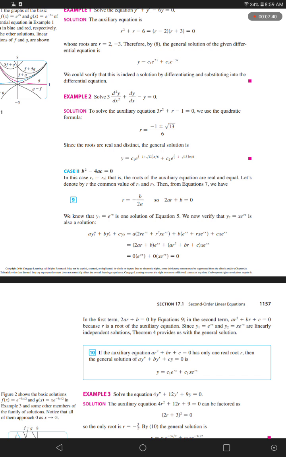If the auxiliary equation a times r squared plus b times r plus c equals 0 has only one real root r, then the general solution of a times y double prime plus b times y prime plus c times y equals 0 is y equals c sub 1 times e to the power rx plus c sub 2 times x times e to the power rx.